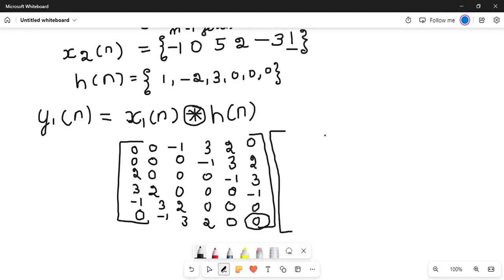What is h of n? H of n is 1 minus 2, 3. So 0, 0, 0.